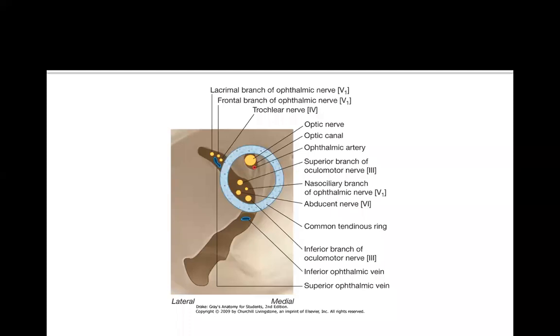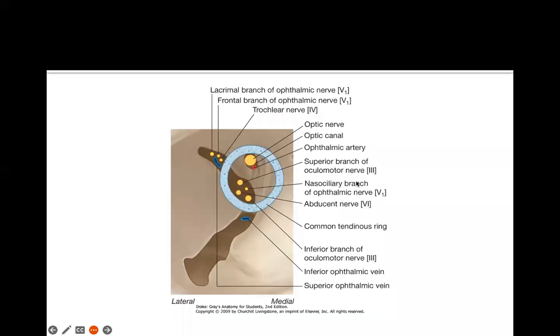So what are the contents of the tendinous ring? What are the contents? That is a very easy MCQ question to settle. See, so the tendinous ring will contain the optic nerve, ophthalmic artery, and in fact, the optic canal itself is also located within it. Then you have what? Superior branch of the oculomotor.